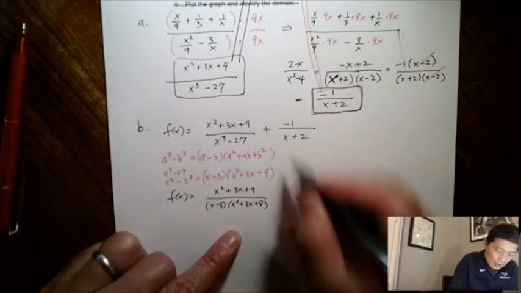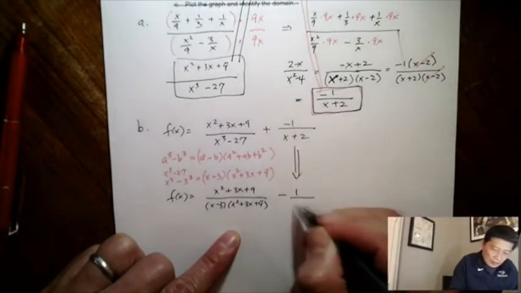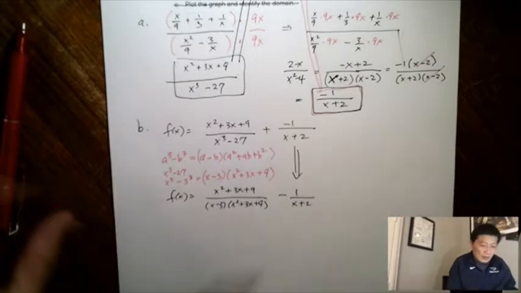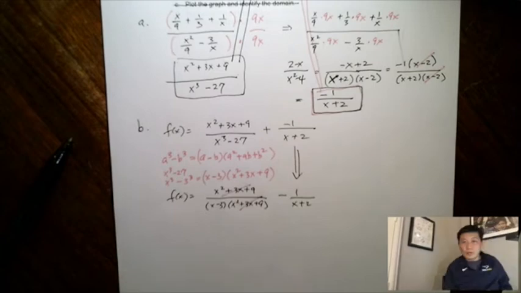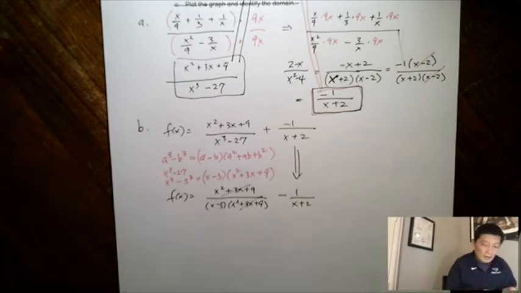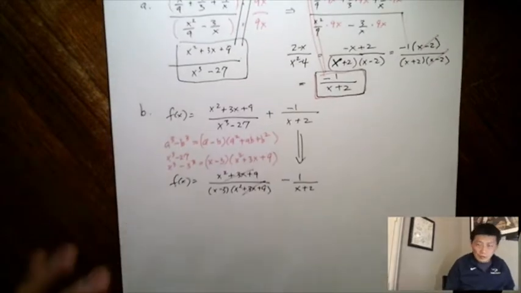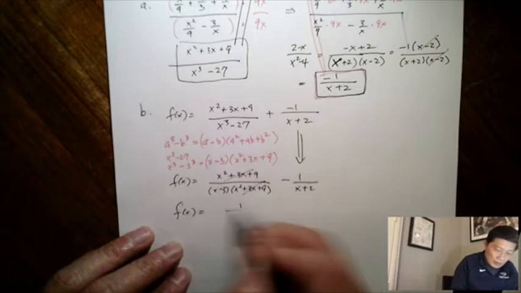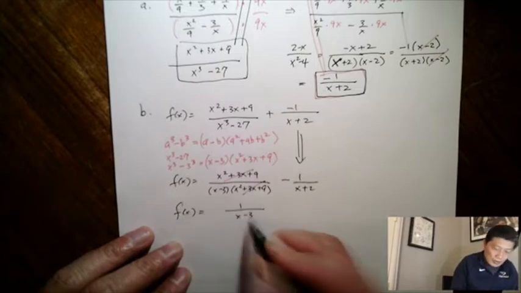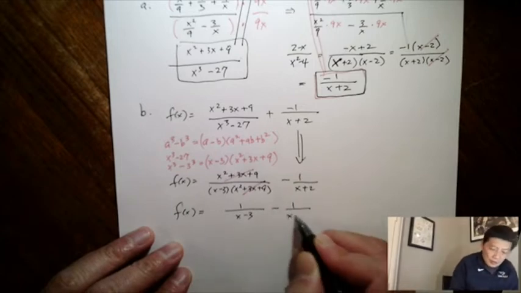And then bring this one down, minus 1 over x plus 2. Now notice, this term and this term cancel out. So this function gets simpler and simpler. F of x now becomes 1 over x minus 3 minus 1 over x plus 2.